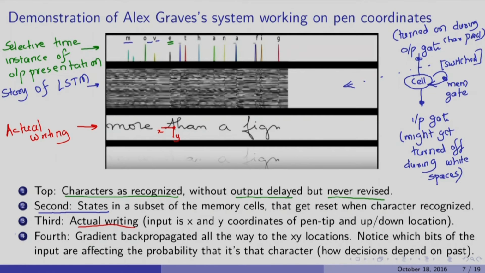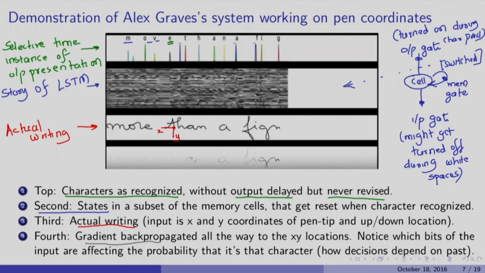Finally, what we see in the fourth layer is the back propagation of the gradient. So certain predictions and certain cell state changes might have long term dependencies, whereas some of them might just depend on the immediate output. So for example, to predict that the A here has been correctly predicted, you just need to look at the previous time instance, whereas U might have its implications on its immediate neighborhood.